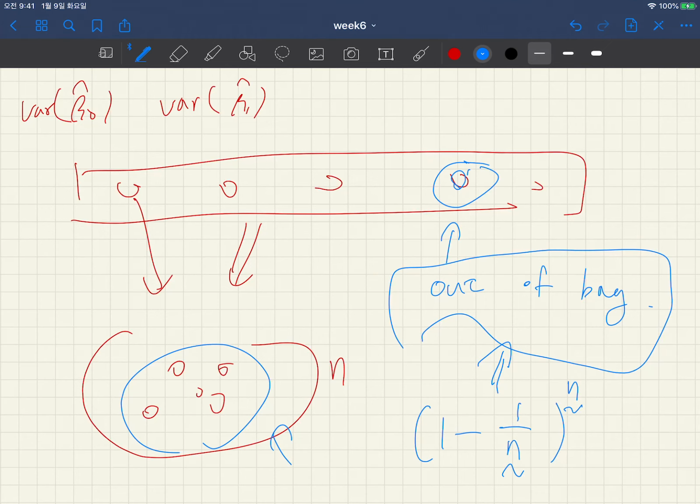So the probability that this item does not belong to this data set is (1 minus 1 over n) to the n. This is approximately 1 over e, right? And this is equal when n goes to infinity.